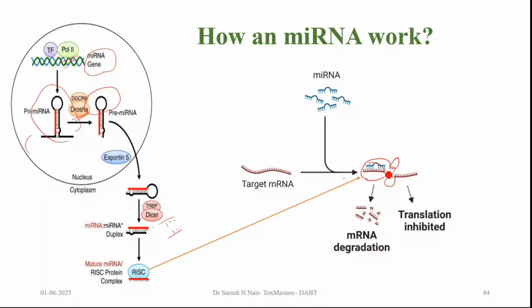So it will create a truncated or an incomplete protein. Such a truncated or incomplete protein cannot function as an enzyme or as a receptor. So that will stop working. So this is the principle of the microRNA and how the microRNA is producing the inhibition of protein synthesis.